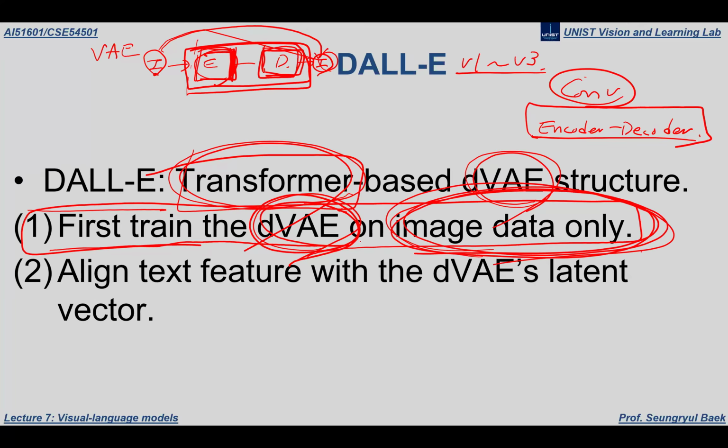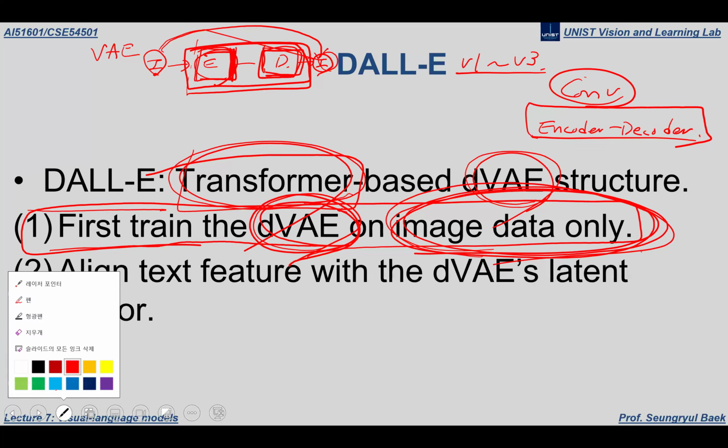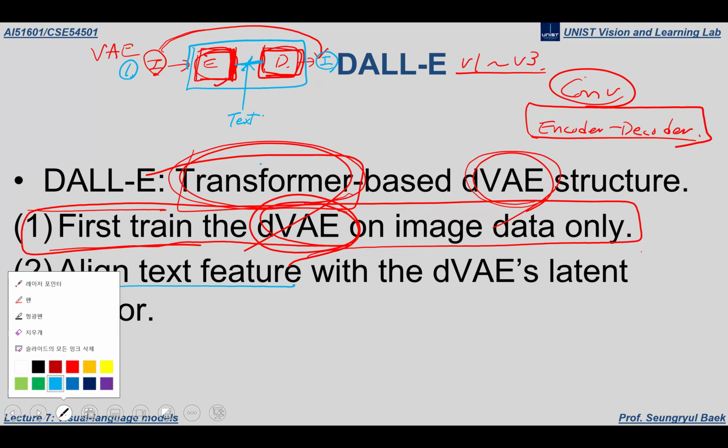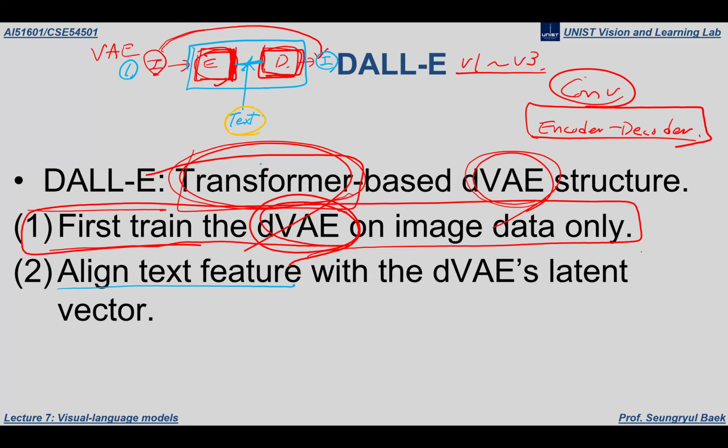And then what they did next is, in the first step, they train this VAE architecture composed of encoder-decoder using only the image signal to regenerate the input images. And they align the text feature with the feature in the middle. Then a new path appears: from the text, they can now, using only the decoder, generate images.